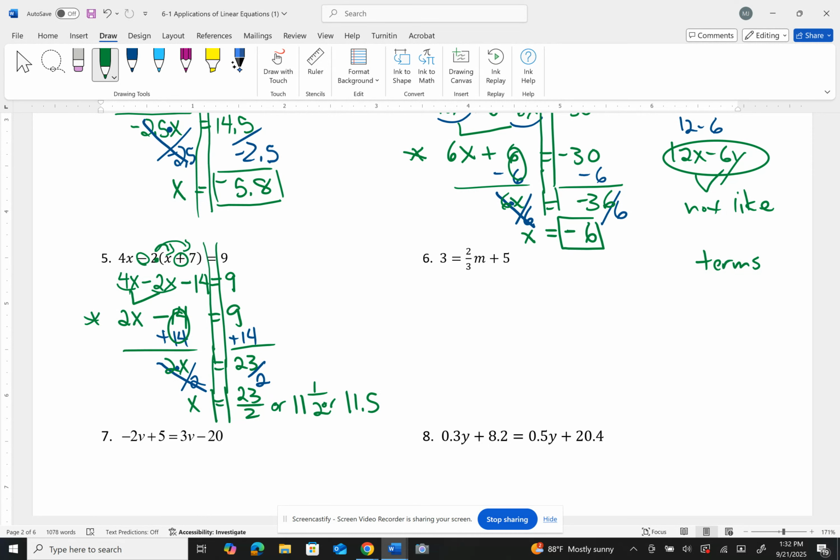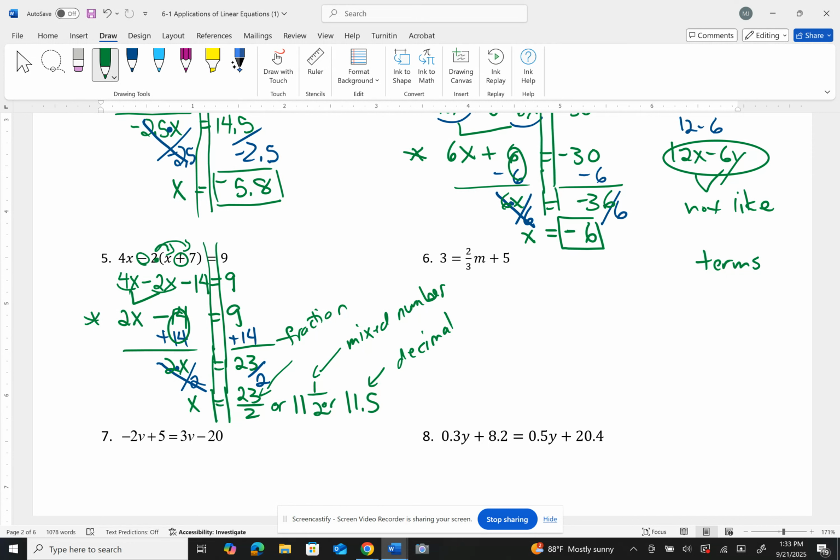So any one of those would have been acceptable, but do watch in homework. If they say they want it as a fraction, then this is the fraction. If they say they want it as a mixed number, that's the mixed number. And if they say they want it as a decimal, that would be this one, okay? But they're all technically equivalent.